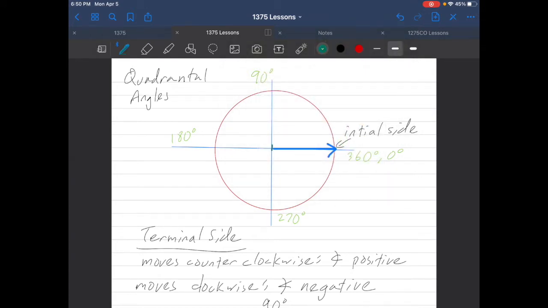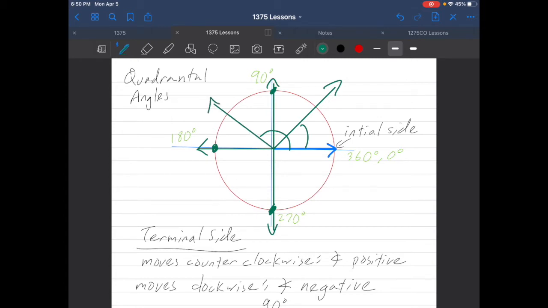You know, it can stop right there and measure 90 degrees. It can stop right here and measure 180 degrees. It can stop right down here and measure 270 degrees. Right, it can do all those things. It can even stop right there. It can go around here and stop right there like that.